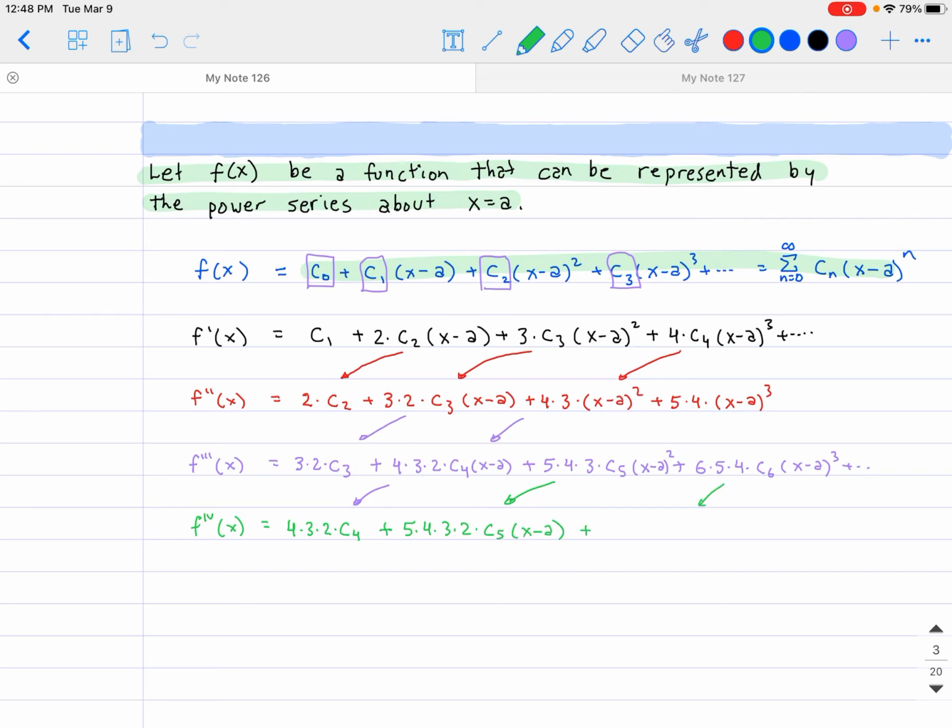And then the next one after that is 6 times 5 times 4 times 3 times x minus a raised to the second power. And if we were to write one more, that's going to be 7 times 6 times 5 times 4, and I don't want to forget that part again, there should be a c6, and then that means there should be a c7 over here, multiplied by x minus a raised to the third, and so on and so on. Okay, so there it goes. I took the fourth derivative, and now let's think about what we're going to be doing over here then.